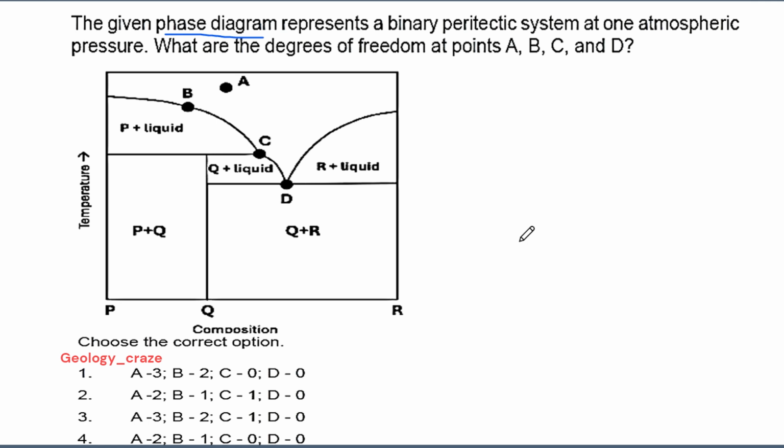So now this question is basically related to the phase diagram. How will we read a phase diagram? Before going into this, we will understand what the phase rule is. The phase rule is given by Gibbs, and he has given one formula.